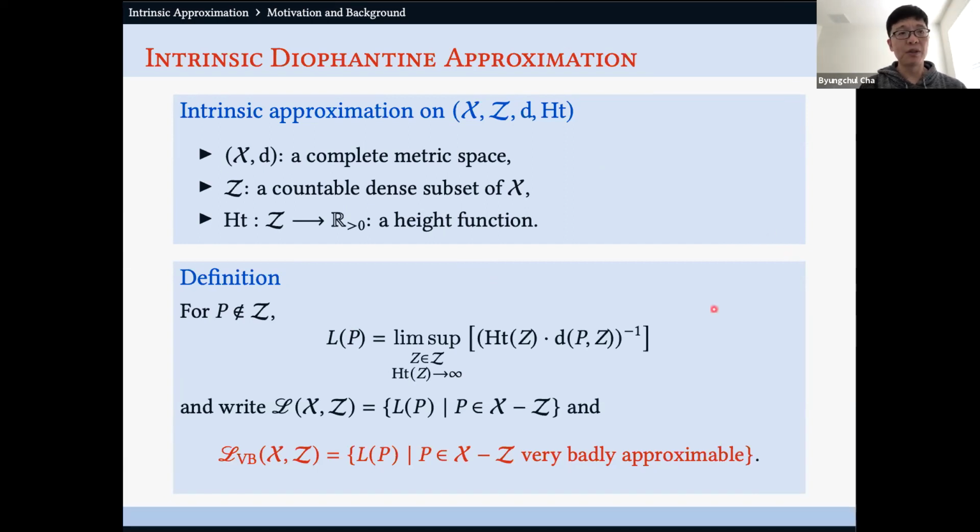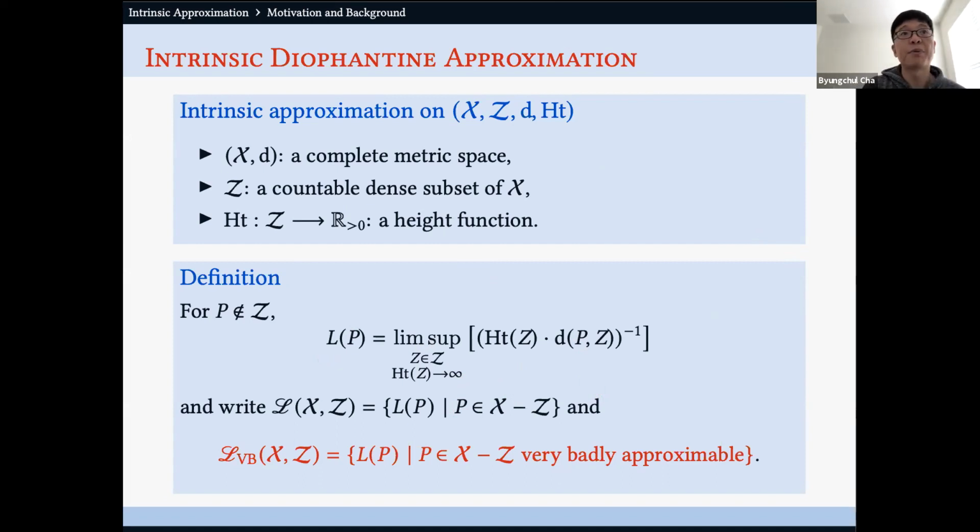And then I will define my Lagrange number just the same way, the reciprocal of height times the distance between P and Z. And then we're going to take, of course, the lim sup as the height of the rational object Z goes to infinity.